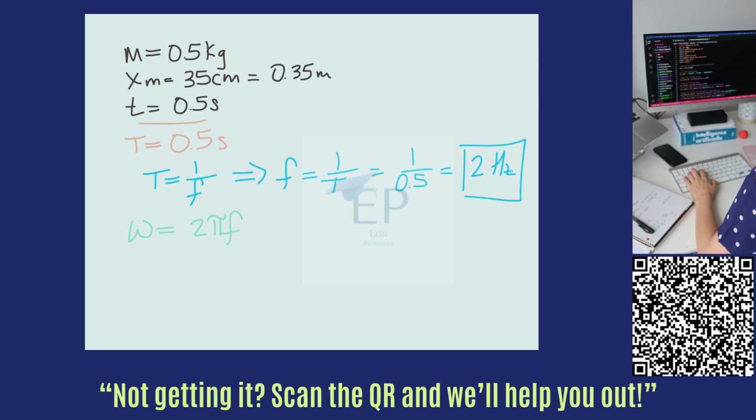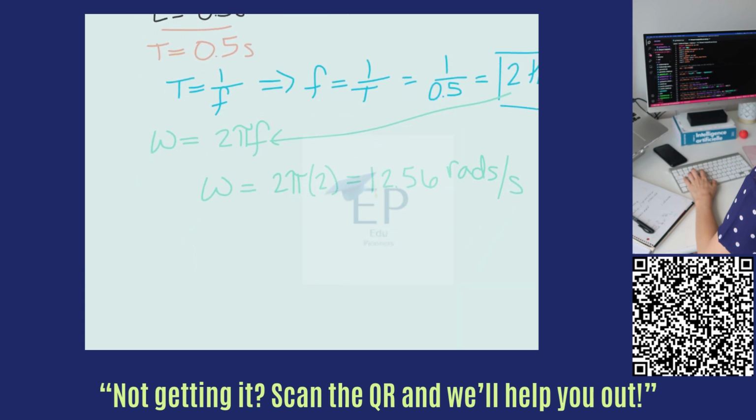And so when we substitute in the frequency that we just found, we're going to have omega equals 2 pi times 2, which is going to give us 12.56 rad per second.